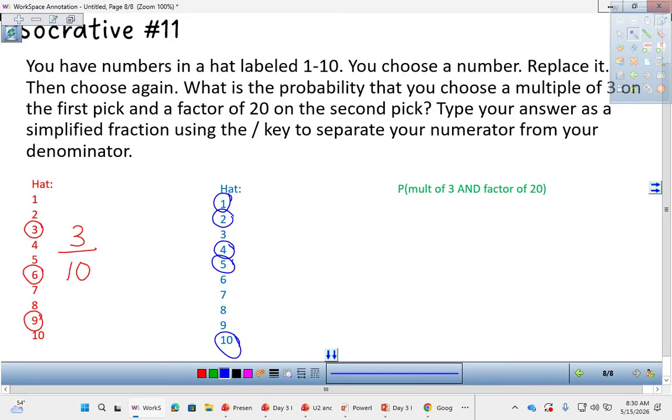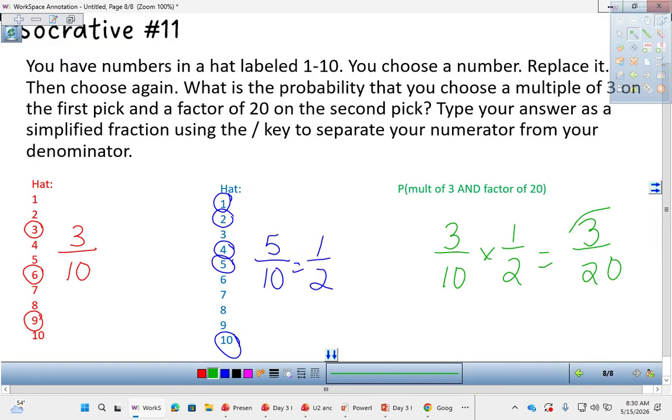So those are the factors of 20. You need to make sure you know what that means, right? Because if you don't know what a factor means, there's no way you're getting the answer right. All right, so 1, 2, 3, 4, 5 out of the 10 numbers, or 1/2. And then finally, once you have them separate, that's when you can multiply them together. The answer was 3/20, and I think only 3 of you had that one right.